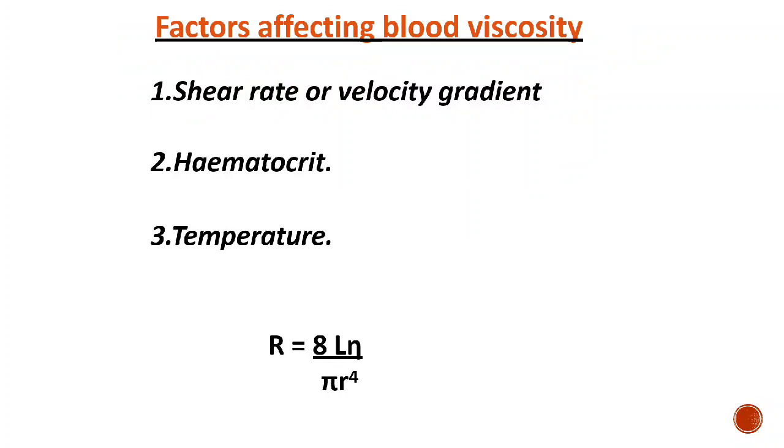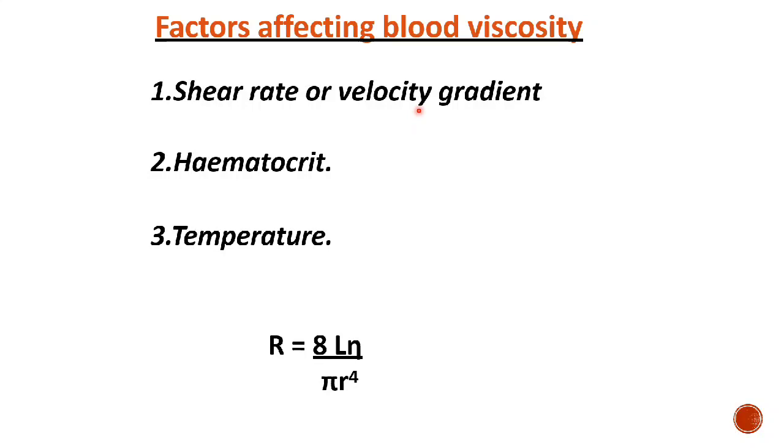Coming to the factors affecting blood viscosity, the first and foremost is the shear rate or velocity gradient between the laminae of the fluid. The viscosity of blood decreases as shear rate or velocity gradient increases. What happens at higher shear rates? The central part is occupied by the RBCs and the peripheral parts of the blood vessel are cell-free.